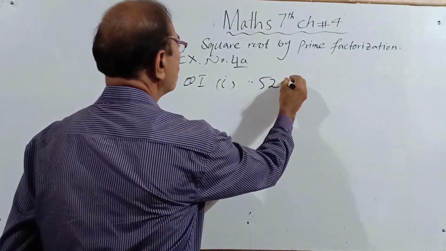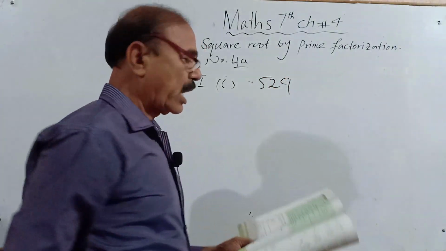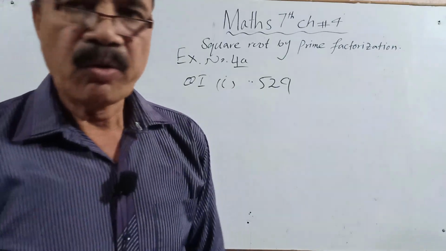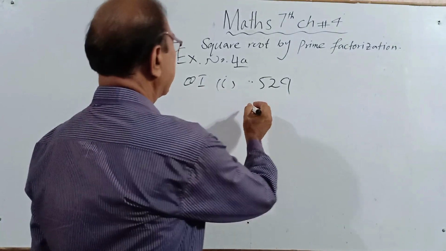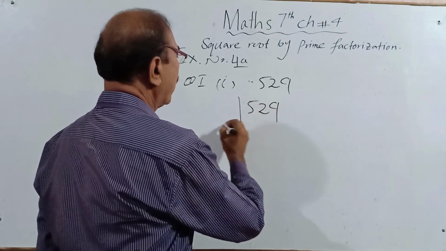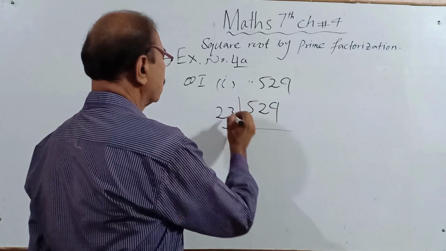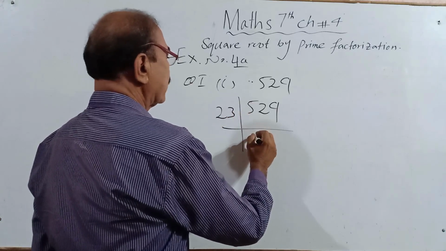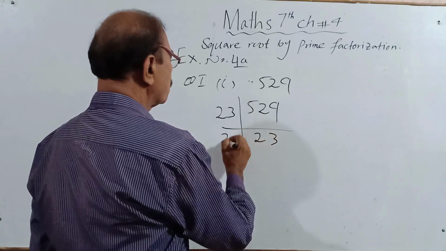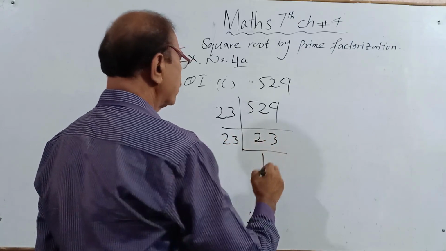As we find it by prime factors, we can solve these questions directly by 23. This is divisible by 23. 23 divided by 23 is 1.